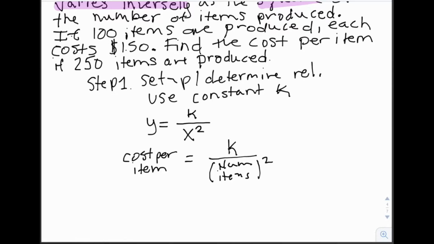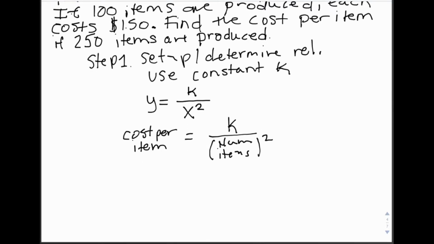Okay, let's substitute our first set of given values to find k. So substituting our first set of values, that's going to be the 100 and the cost, which is $1.50. So let's take these values and plug them in. $1.50 is going to be equal to k, which we don't know what it is, but we want to find it.